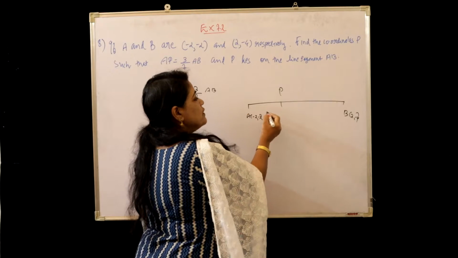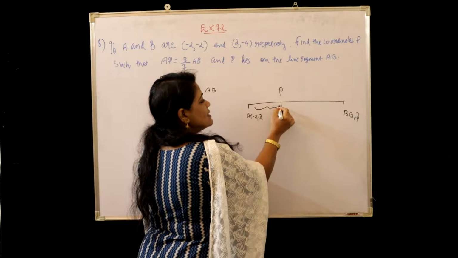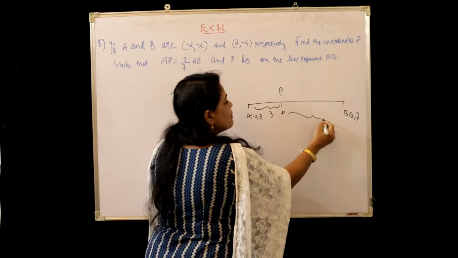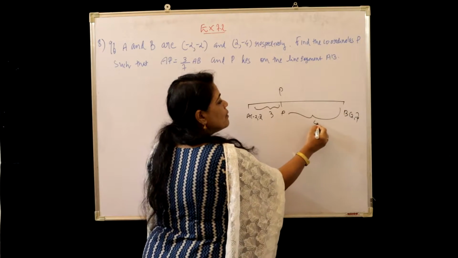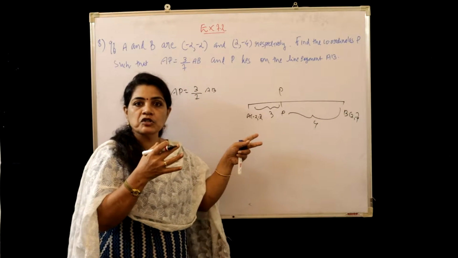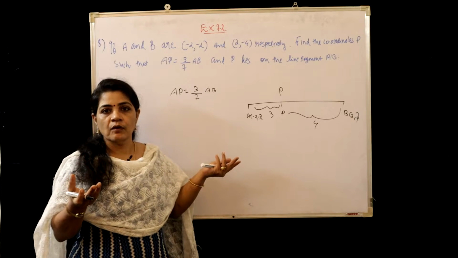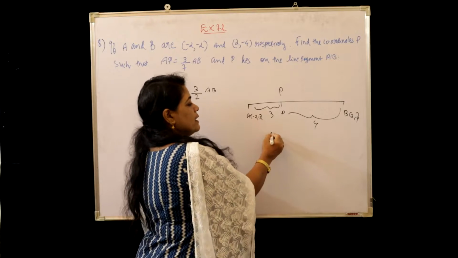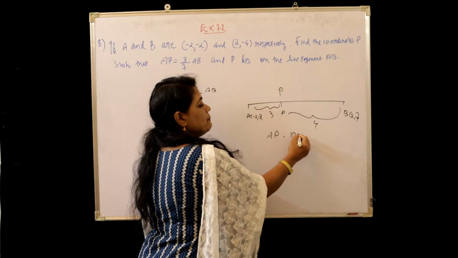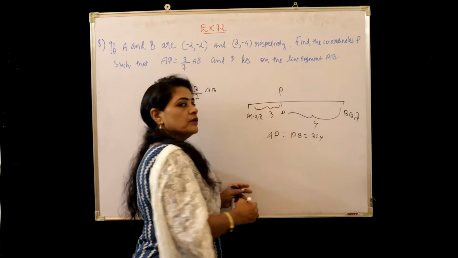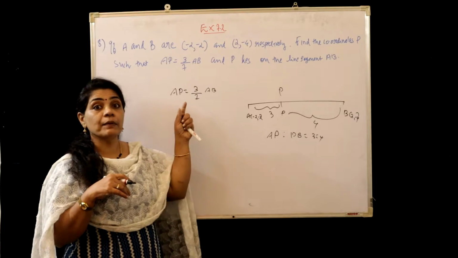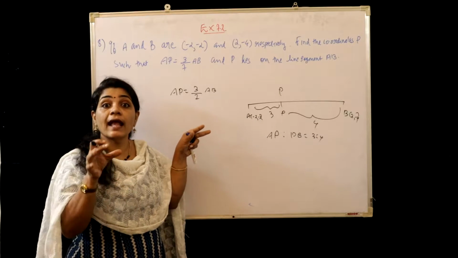If this is AP and it is 3 parts, the remaining part, PB, will be 4, so that the sum of the parts, AP plus PB, equals 7. That means AP is to PB is 3 is to 4, because it is given that AP equals 3 by 7 of AB.